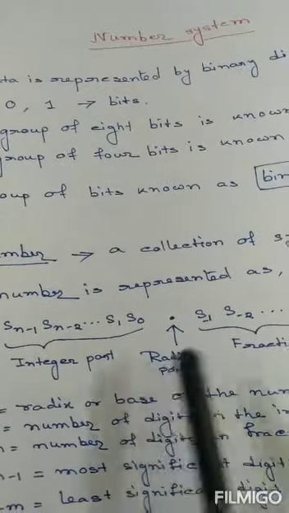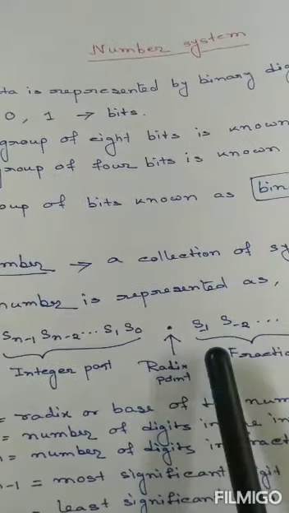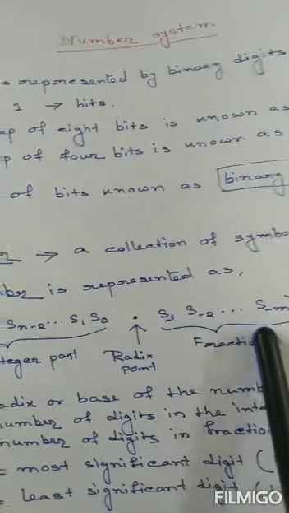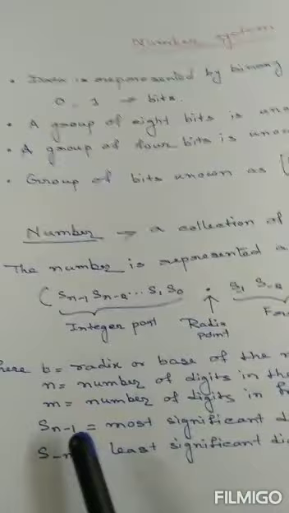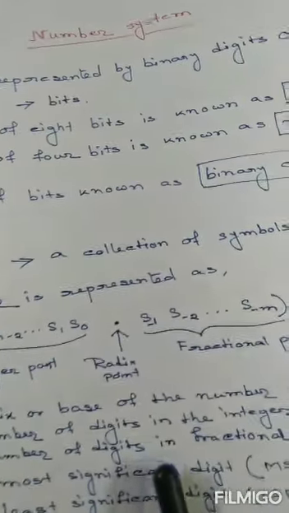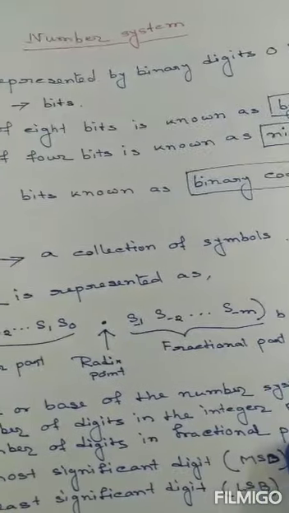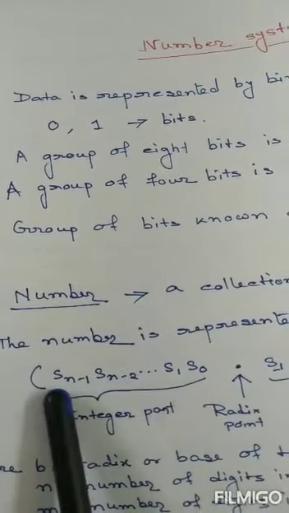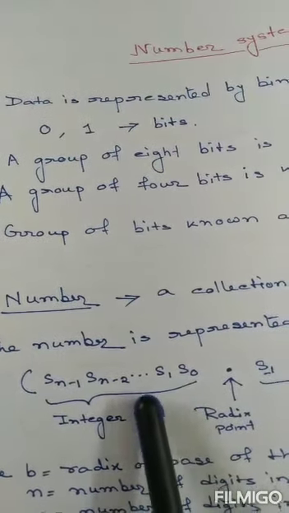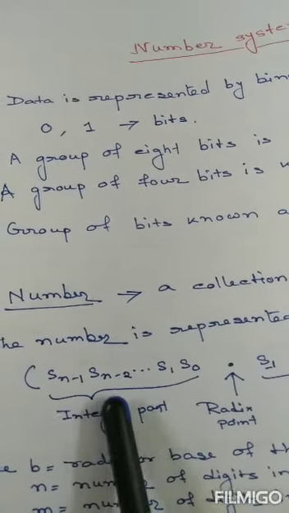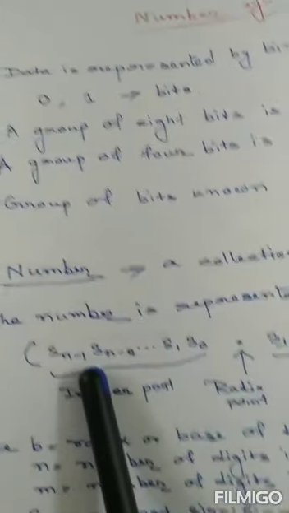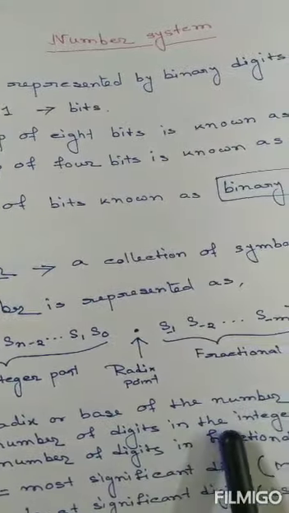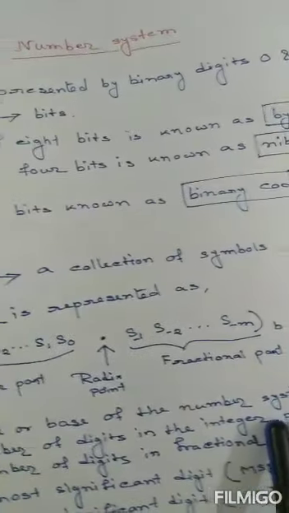After this radix point, the digits are S minus 1, S minus 2, and so on, up to S minus M, where M is the number of digits in the fractional part. Before the radix point, the digits are S0, S1, S2, and so on, up to Sn minus 2, Sn minus 1, where n is the number of digits in the integer part.